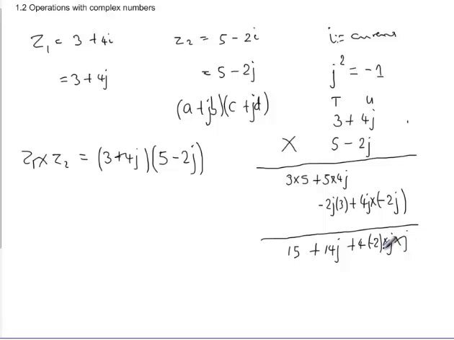We just brought like things closer to each other. j times j, which is j squared, and minus 2 times 4, which is minus 8. So we're going to get here 15 plus 14j minus 8 multiplied by j squared. But j squared has got another meaning. What is it? Minus 1.